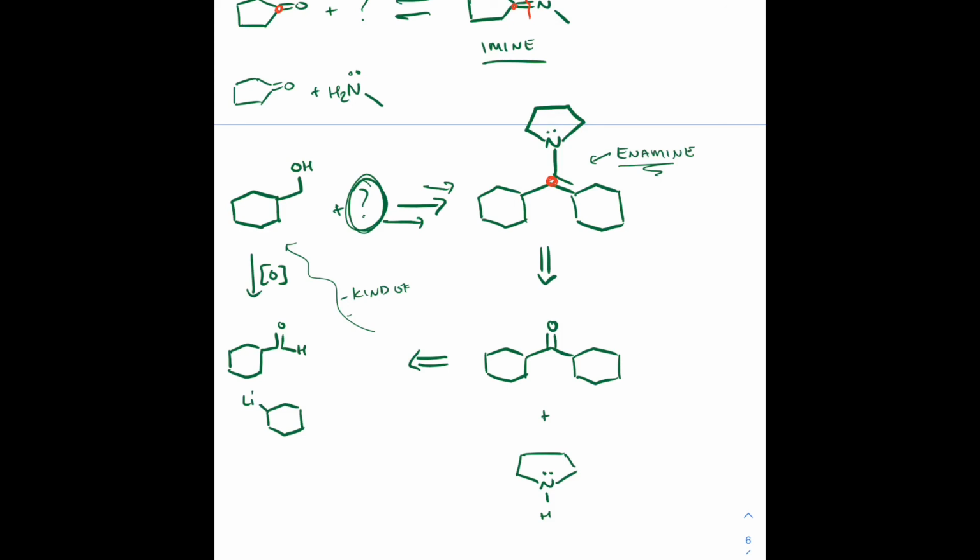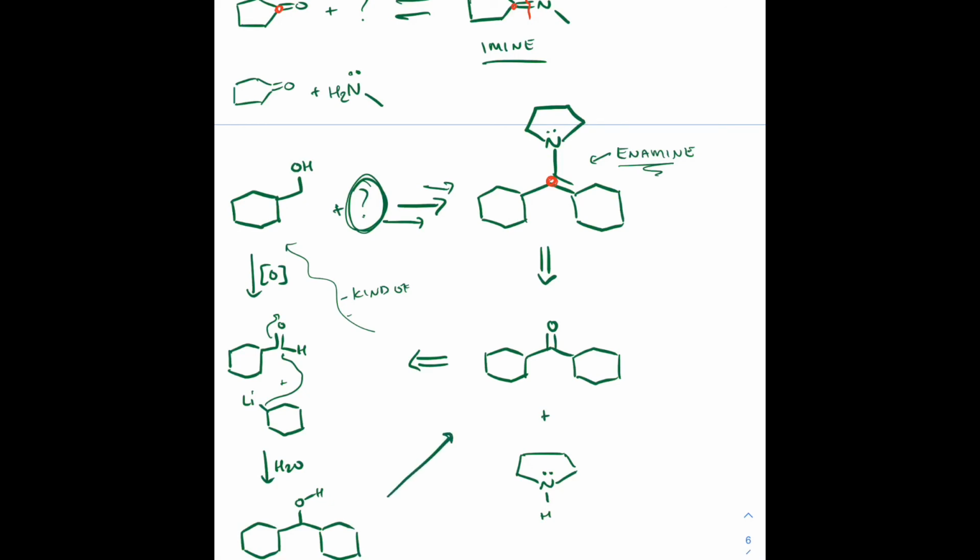And then this nucleophilic organometallic reagent can attack the aldehyde, and after getting protonated with water, we get an alcohol. So this secondary alcohol we know can then be oxidized to a ketone.